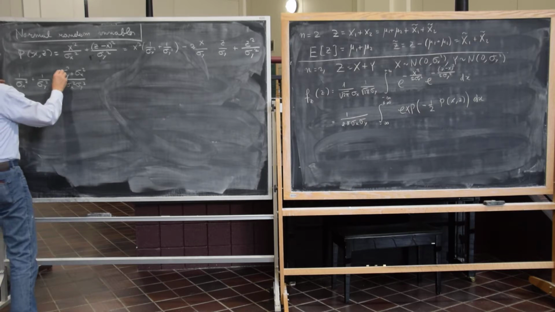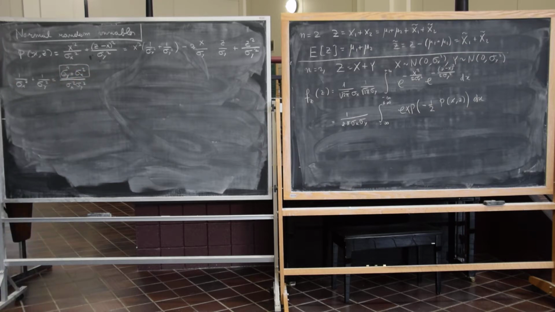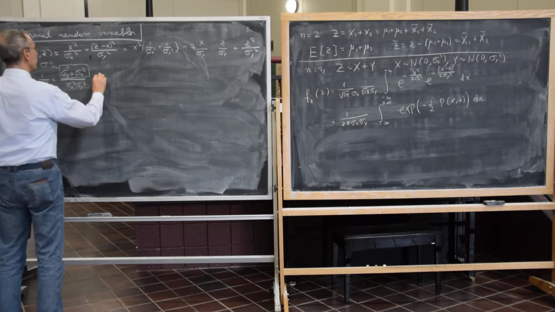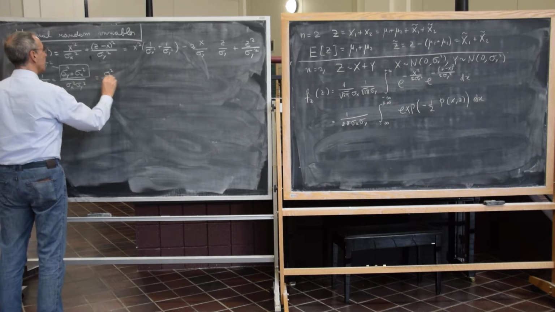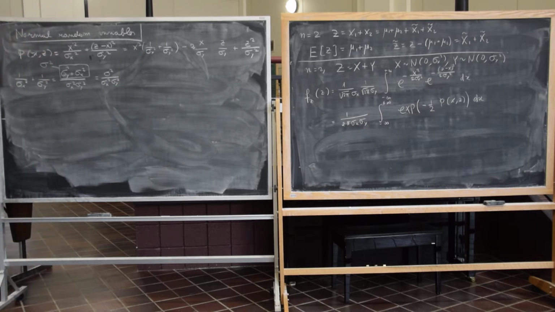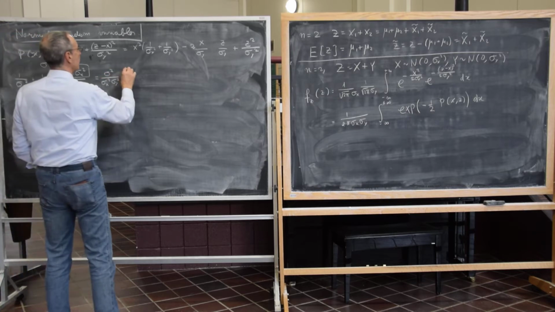For simplicity of notation, I define a new quantity called sigma squared, which is the sum of the squares. So I write this as sigma squared divided by sigma x squared sigma y squared. Fine. So now we can rewrite this in this form.